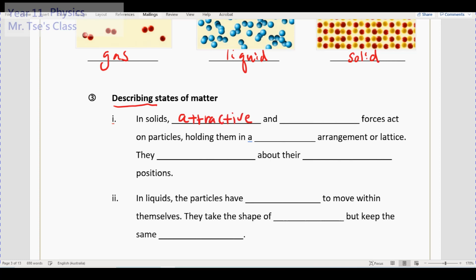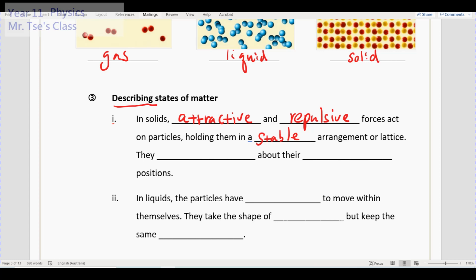But once they are too close, they bounce back. So that means there are repulsive forces as well. So there are attractive and repulsive forces among them, holding them in a kind of lattice arrangement. Think about this word. It's very stable. So when we look at a solid, like a piece of paper or a stone, the shape is quite fixed unless you fold it.